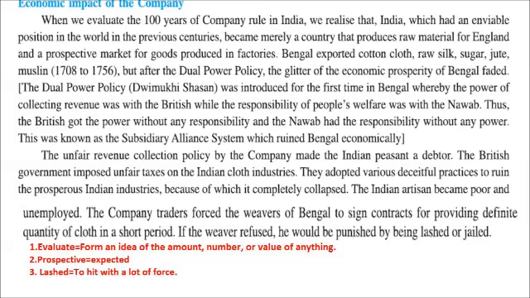In the previous centuries, India became today only a country that produces raw material for England and a rich market for goods produced in factories. It means that country, that is India, which was famous as Sone ki Chidiya in the world because of its richness in all the fields.